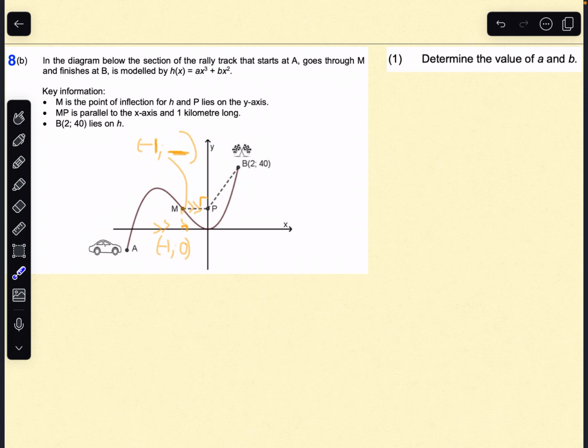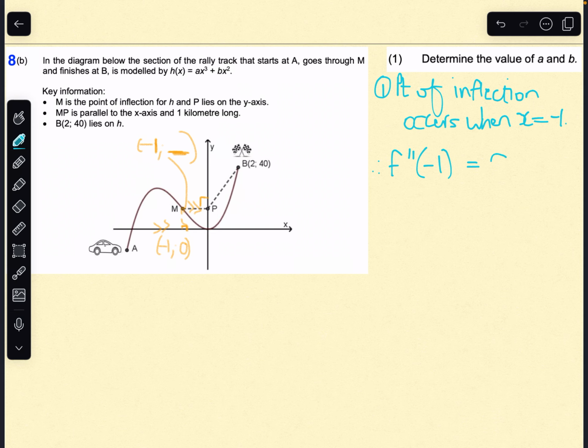So let's see if we can set up some equations that express this. The first key point of information is that the point of inflection occurs when x is equal to -1. So what that means is that h double prime of -1 is equal to 0. Let's figure out what h double prime is.